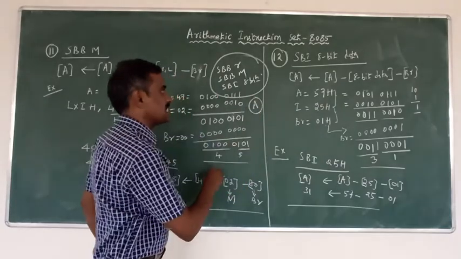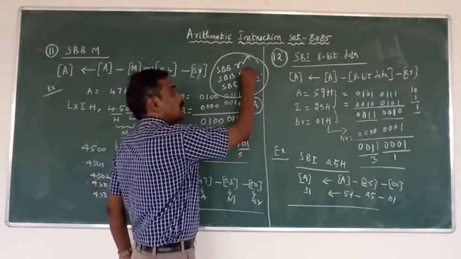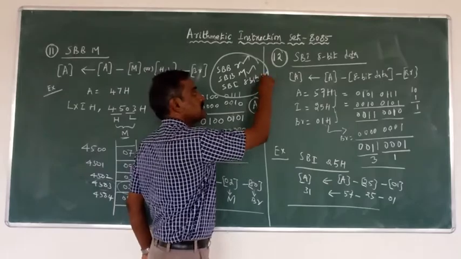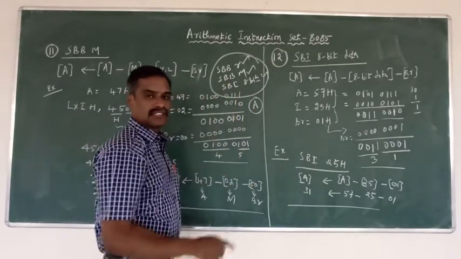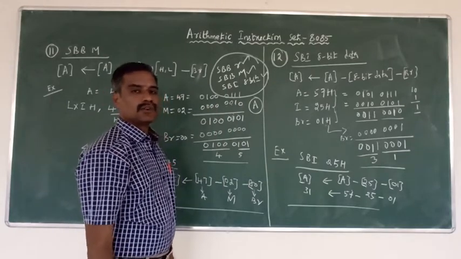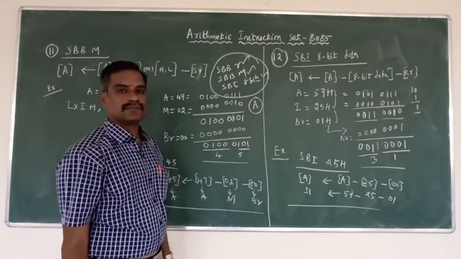The second data will be either register content, or memory address location data, or immediately given 8-bit data, with borrow status. If borrow, we have to subtract 0 1. No borrow means we subtract 0 0.